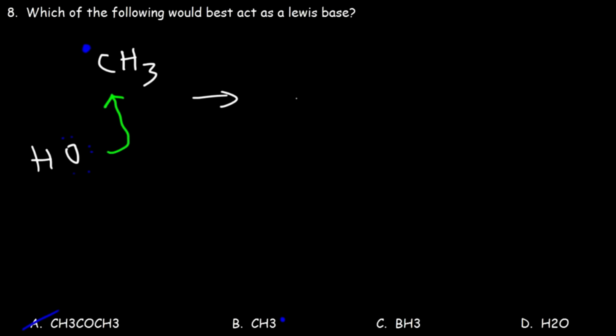Let's say if it did. This bond will be created, and the oxygen, which had 3 lone pairs, now has 2. The carbon still has the 3 hydrogens, and it should still contain the radical, or this unpaired electron. Notice that this structure is not possible.